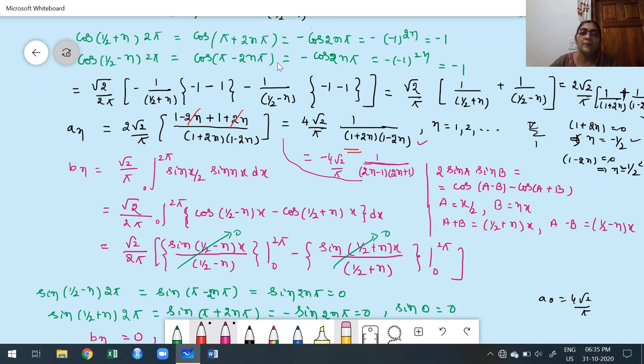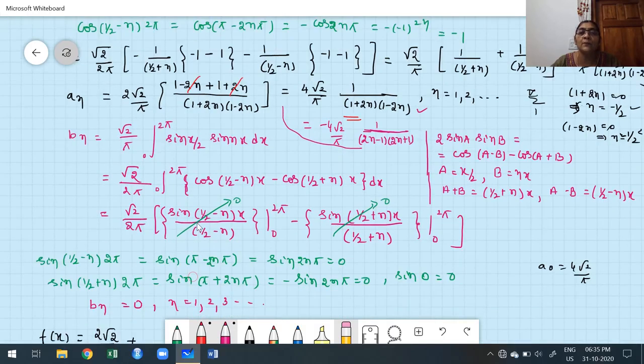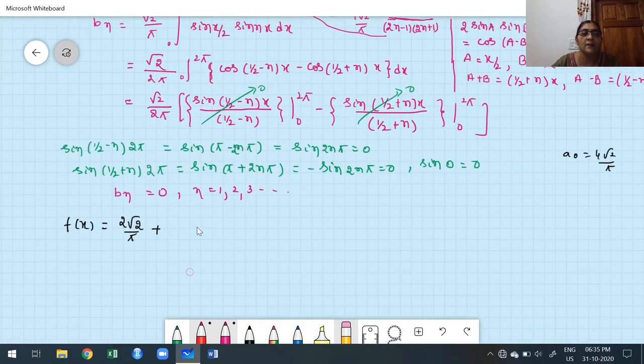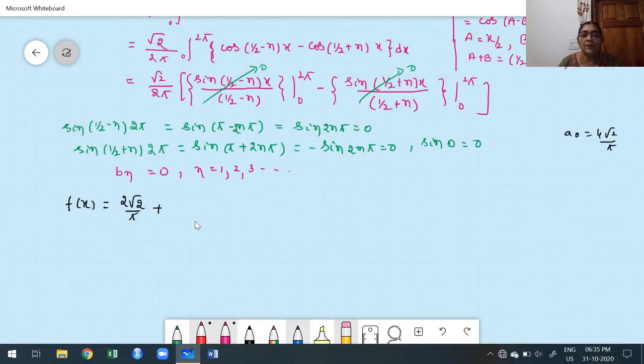While substituting that, what is the constant here? Minus 4 root 2 by pi is a constant. It is better to keep it outside before substituting the value of n. So, minus 4 root 2 divided by pi, summation n ranging from 1 to infinity, 1 by 2n minus 1 into 2n plus 1.